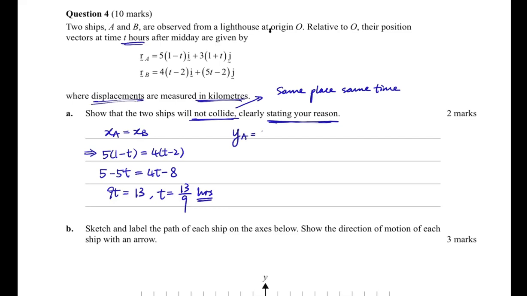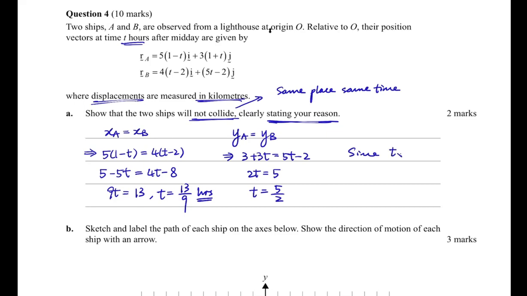ya equals yb gives you 3 plus 3t equals 5t minus 2. Let's have a look. 2t equals what? 5. t equals 5 on 2.